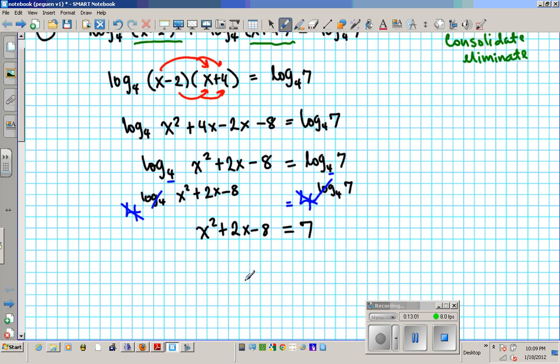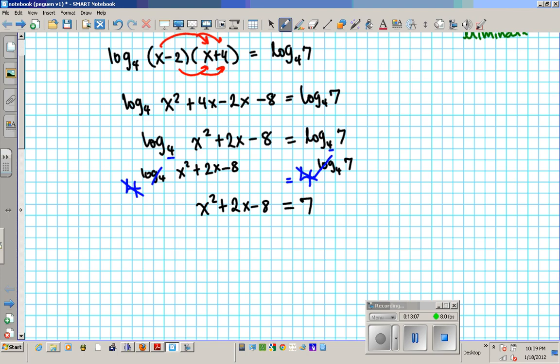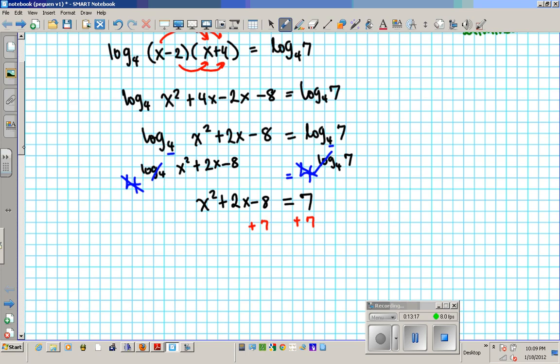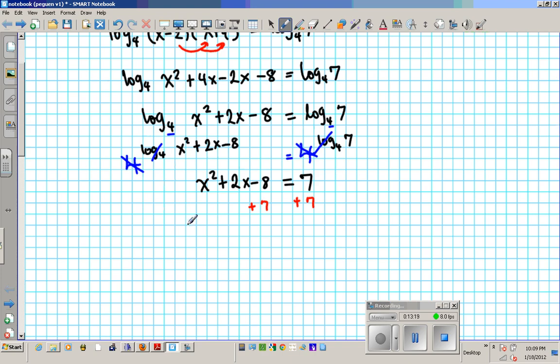So how do we solve this? Set it equal to 0, right? And then we can factor using the x game, if that's possible. So what we do is we add 7 to both sides, add 7, add 7. And that yields x squared plus 2x minus 1 equals 0.